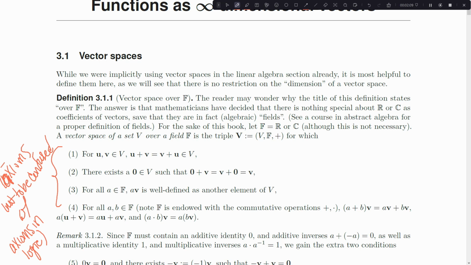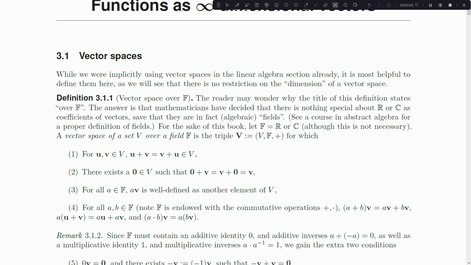The word axiom here refers to just a collection of criteria that exists within a definition. So these are called the axioms of a vector space. Anytime you see a definition which defines a mathematical object and it has to satisfy some numbered criteria, those criteria are called the axioms of that definition.